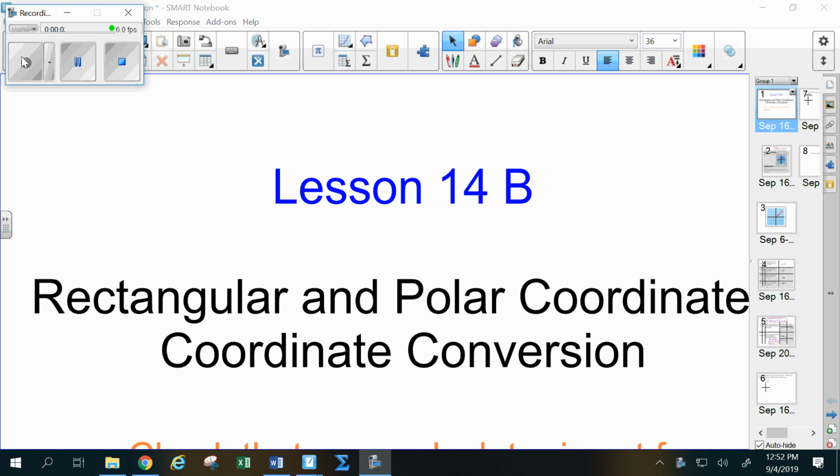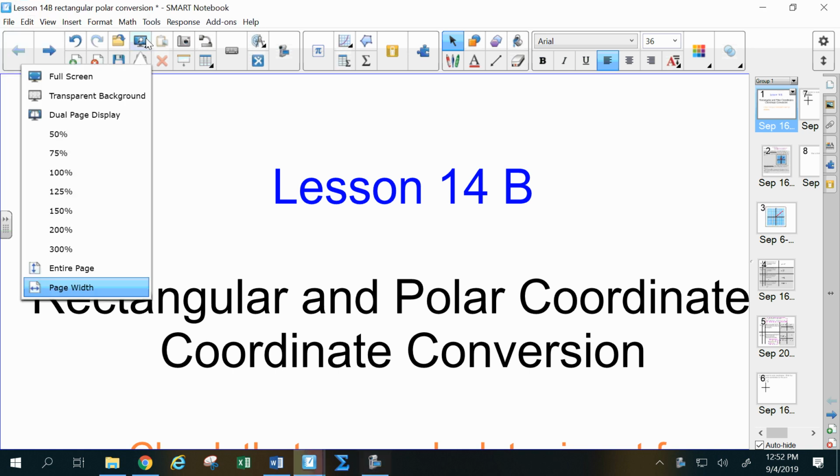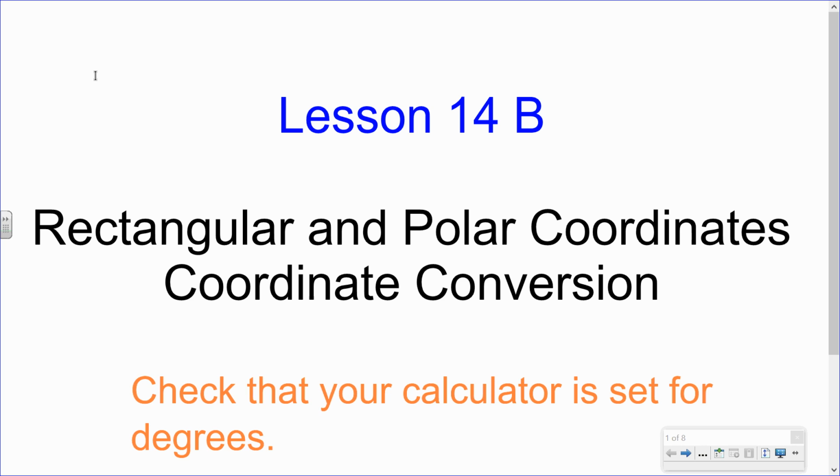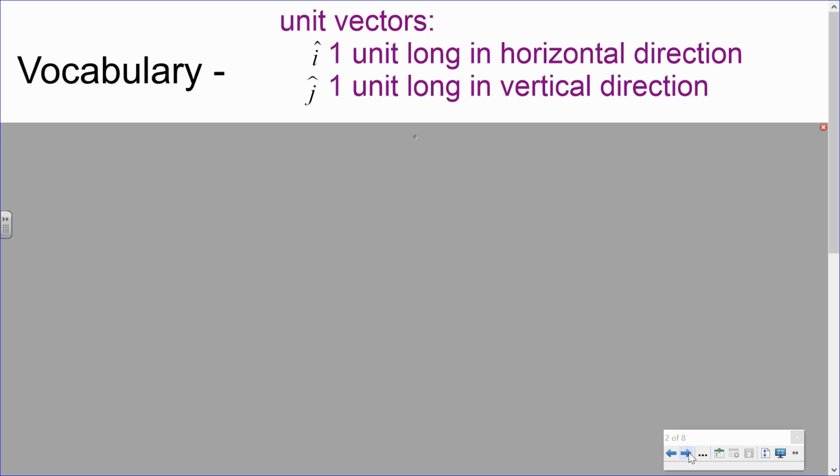So to finish up lesson 14, today we'll do the part about the rectangular and polar coordinates. So I want to do some review of things that we did last year, vocabulary, formulas. Remember, when we are talking about vectors, we use i hat and j hat, and each of those is a unit vector, which means it is 1 unit long.